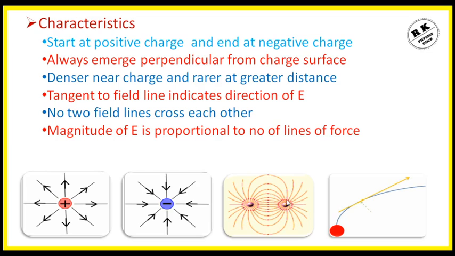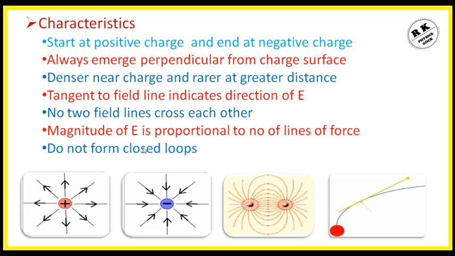The electric field will be stronger nearer to the charge and weaker away from the charge. The magnitude of the electric field is proportional to the number of lines of force. Here from this figure we say that the electric field is strong at close distances to the charge and weak at far away points from the charge.